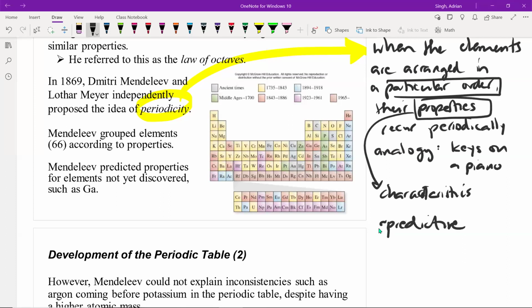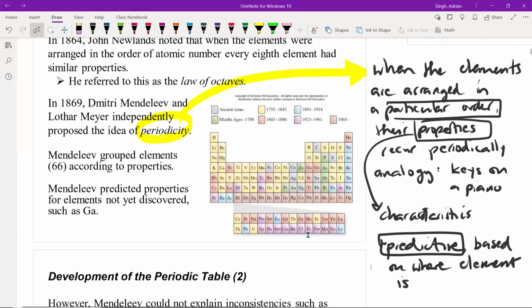Just based on where the element is on the periodic table. It's a very simple idea, but it's a very powerful idea as well.